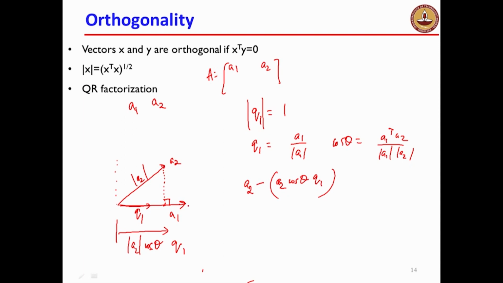In some sense, whatever I can explain of A2 along A1, I have done that. So what will be the residual thing? This will be perpendicular to A1. After subtracting the component of A2 along A1, the residual thing is going to be perpendicular to A1.